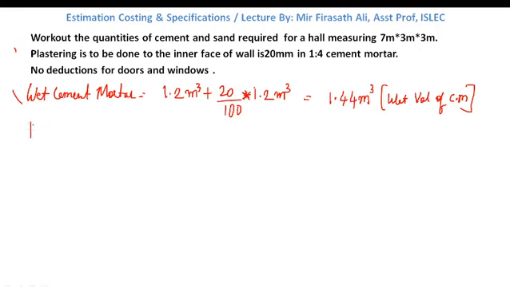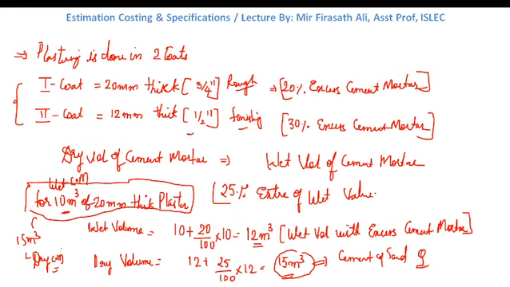And to calculate the dry volume of cement mortar, what is the logic? The dry volume is nothing but 25% extra of the wet volume, according to this clause.